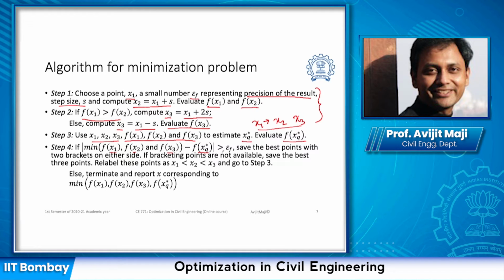If it is more than the precision, we need to save the best point with 2 brackets on either side. If bracketing points are not available, for example the best point happened to be the edge point, then we have to save the best 3 points and relabel these points such that they are in a sequence.